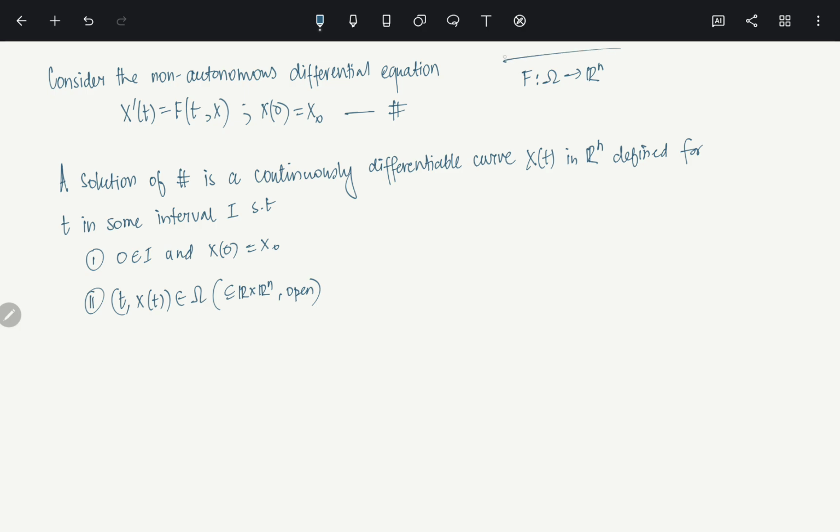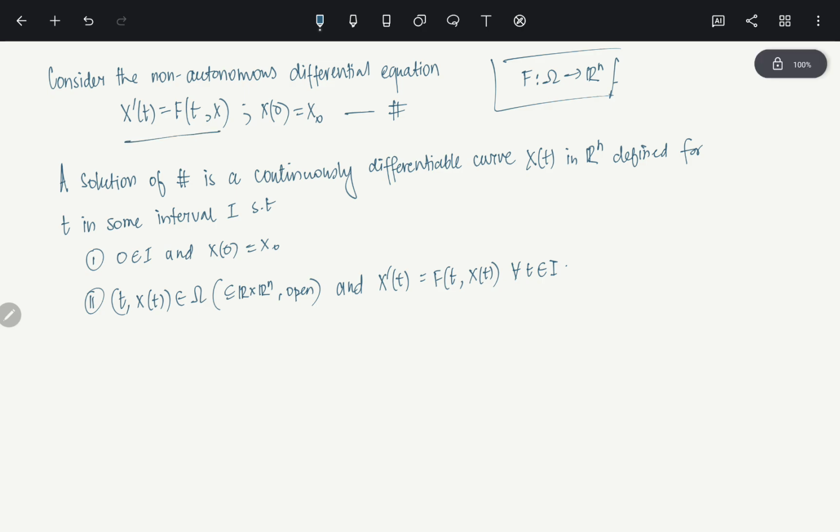So that is given. We are starting out with the open subset of R cross R^n, and the vector field is given. So basically (t, x(t)) should be in omega. Clear? And x'(t) has to be equal to f(t, x(t)) for all t in I. Is this clear? So essentially you are given this system.